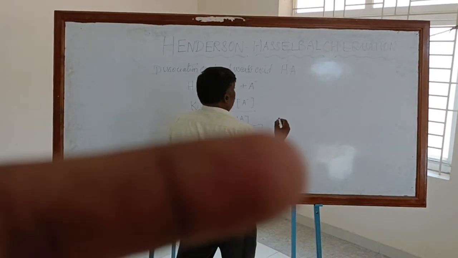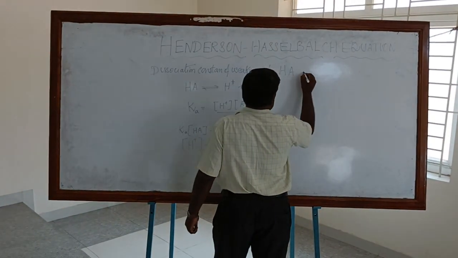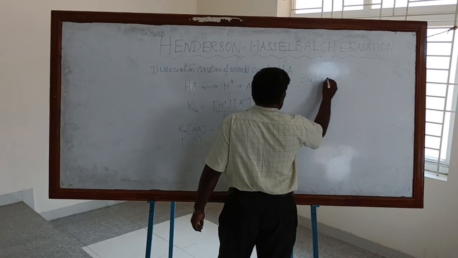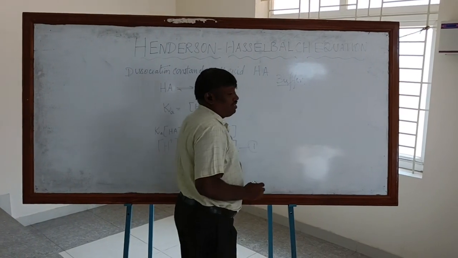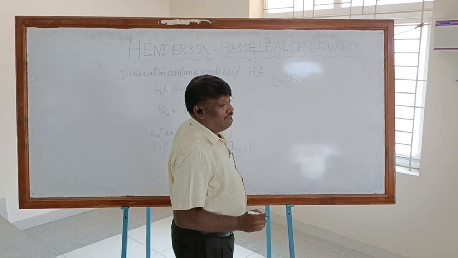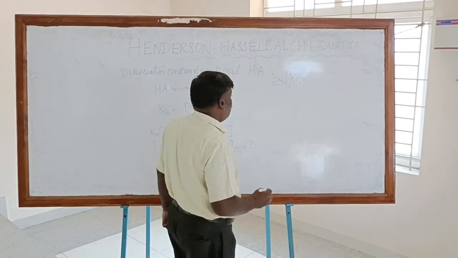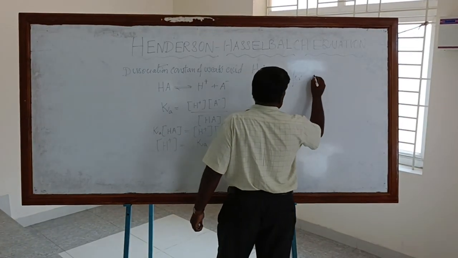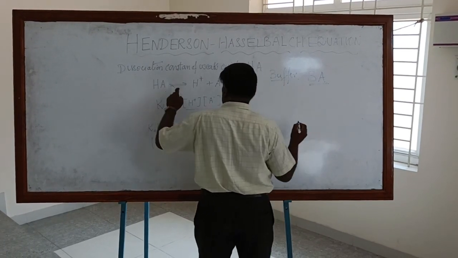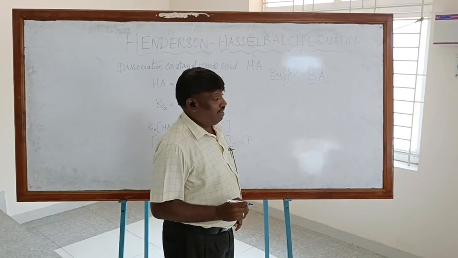Now for the preparation of a buffer, the weak acid has to be mixed with a strong ionized salt. Say let us use BA as the salt for the acid HA.